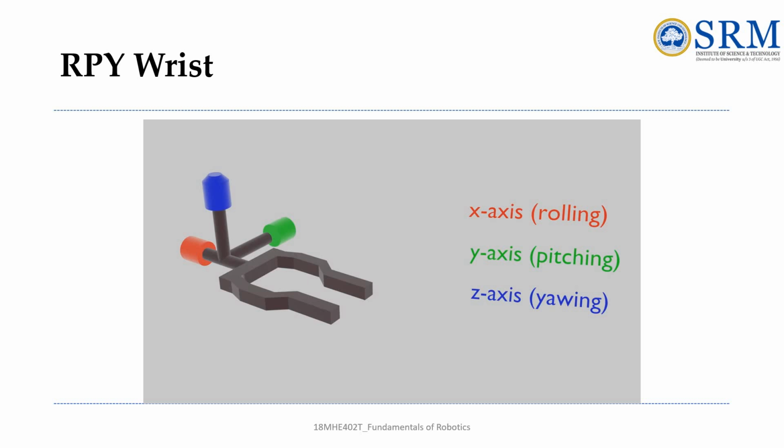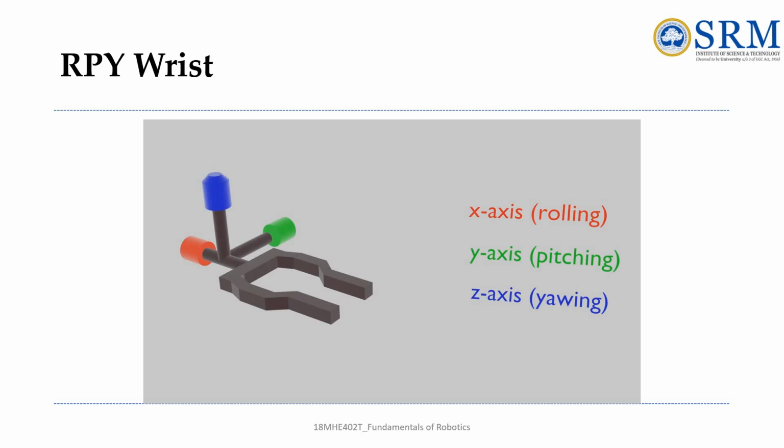So this is also known as XYZ Euler wrist. Okay, it's a common part of end effector or wrist design used in robotic manipulators. So it allows for rotations about x, y and z axis, which correspond to the roll, pitch and yaw angles.